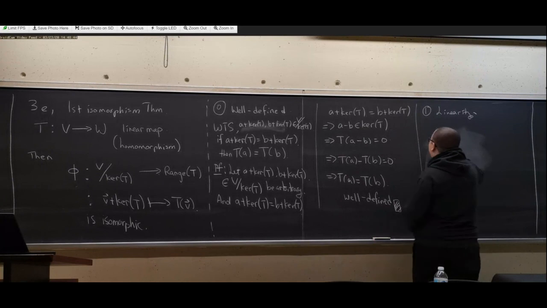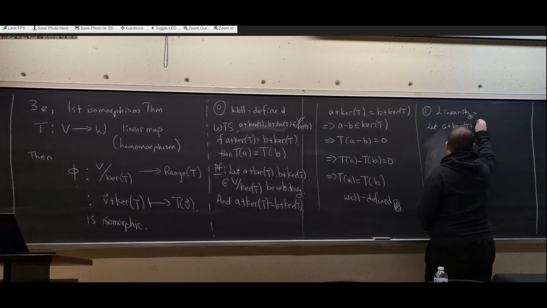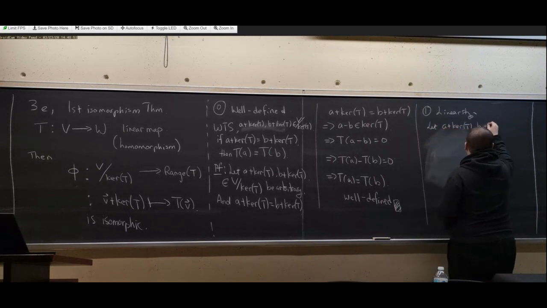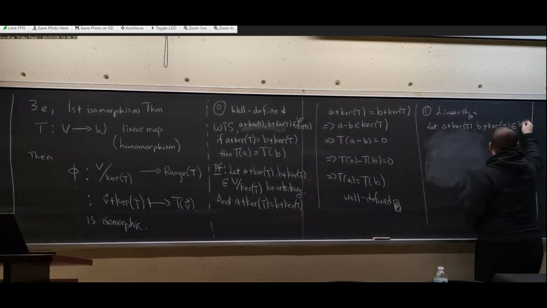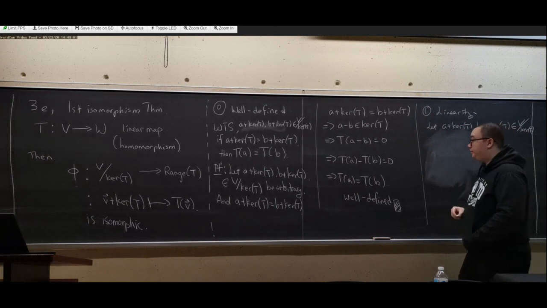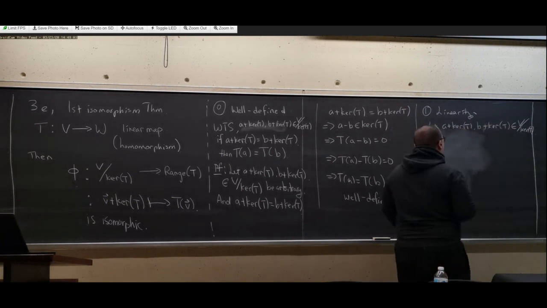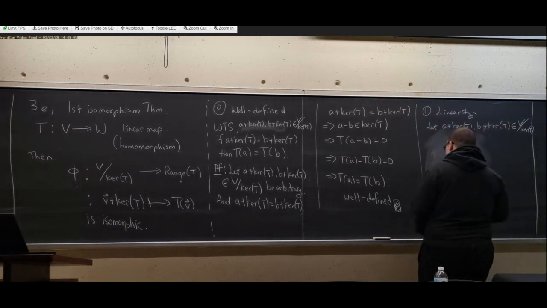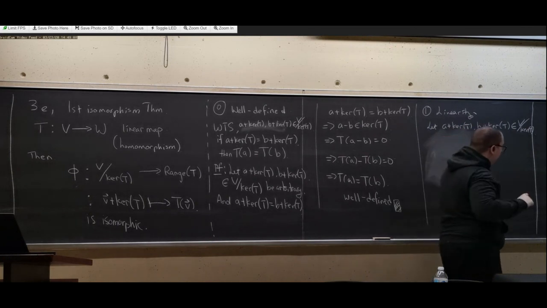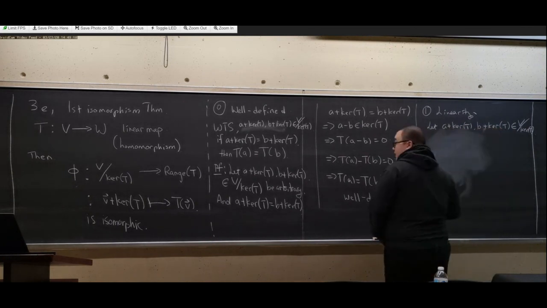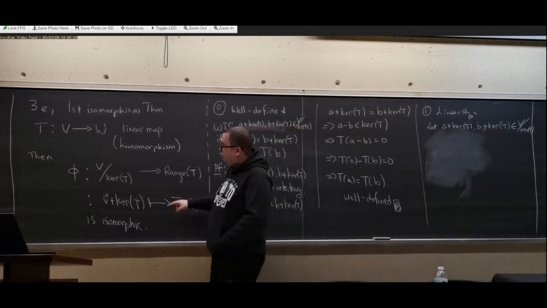Quite simple. So let A plus kernel of T, B plus kernel of T. So let's pick 2 random elements from the domain. And we have to pick a constant as well. So constant in this case, this is a vector space.